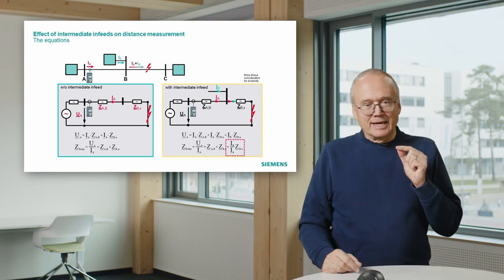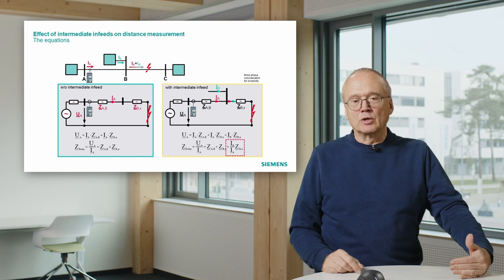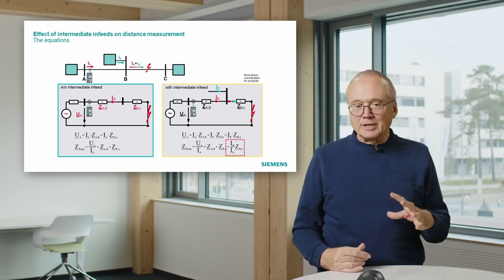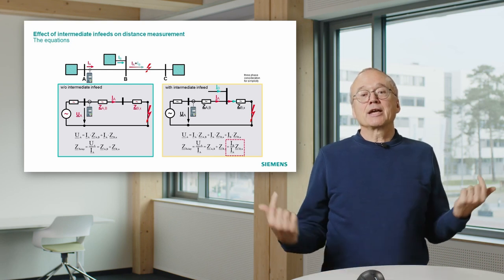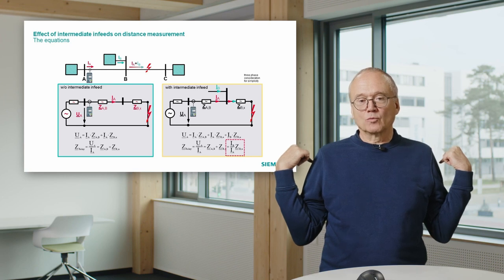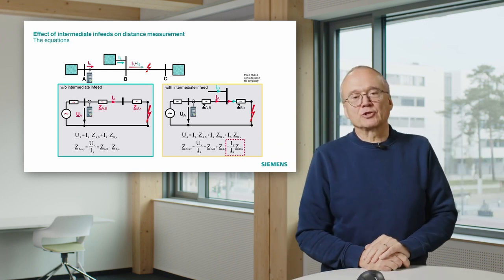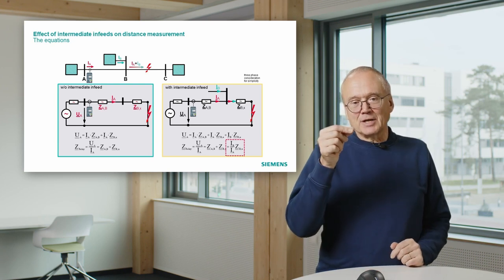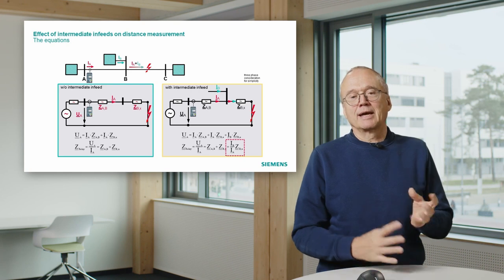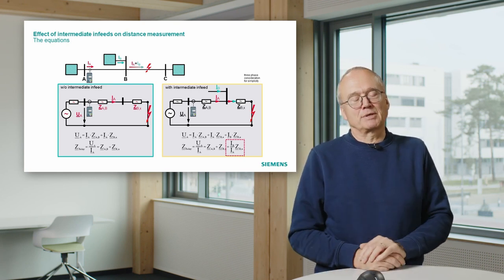Again, if the intermediate infeed is nearly zero, IB over IA becomes zero, then you can forget it. But the critical case again is if the infeed behind you is relatively low, weak infeed, and the intermediate infeed is pretty strong, then IB over IA becomes a high factor, and that means you have a significant increase of the measured impedance.